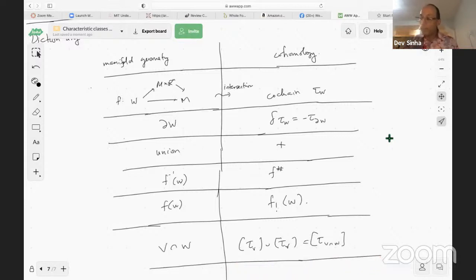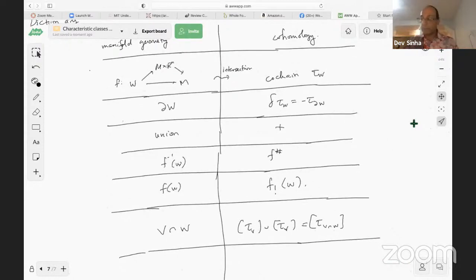And so we've got this formula that we just gave, that the Stiefel-Whitney class of the normal bundle is the Steenrod operation on the Thom class.